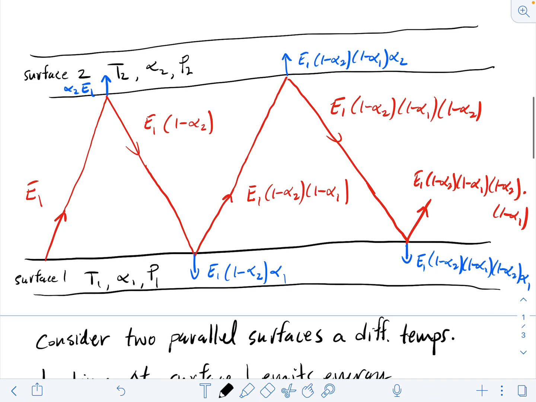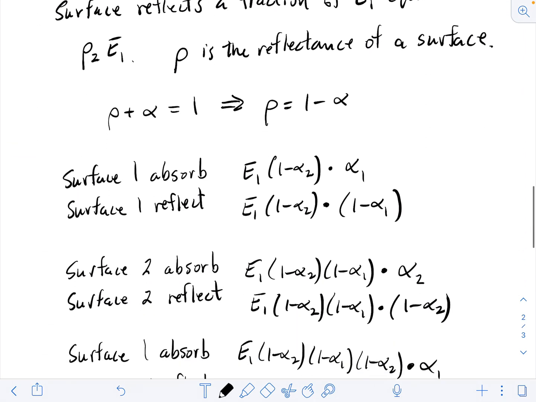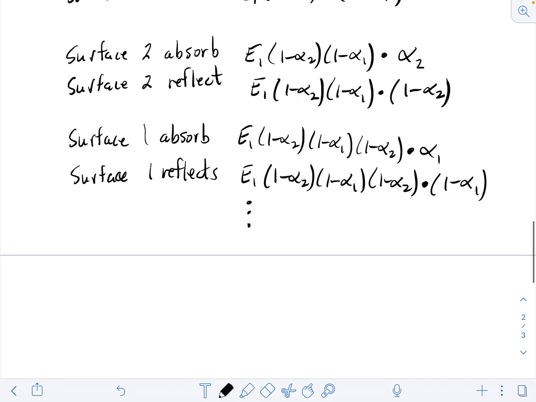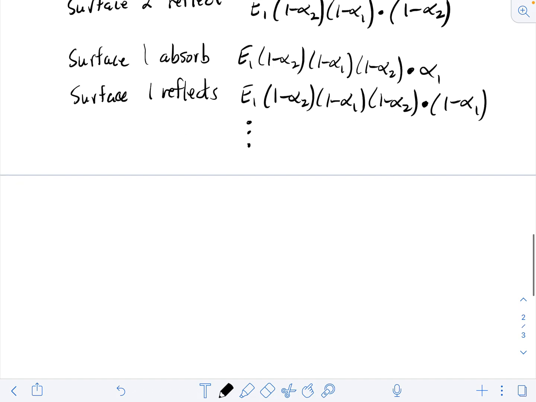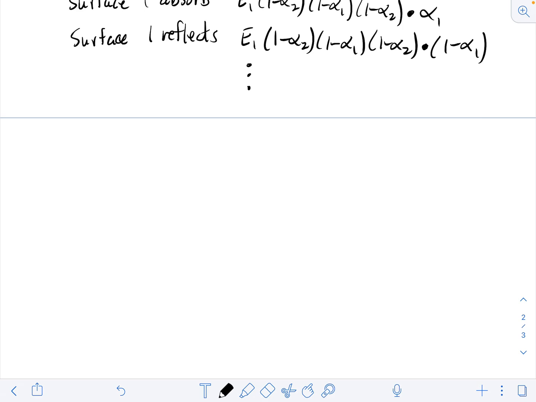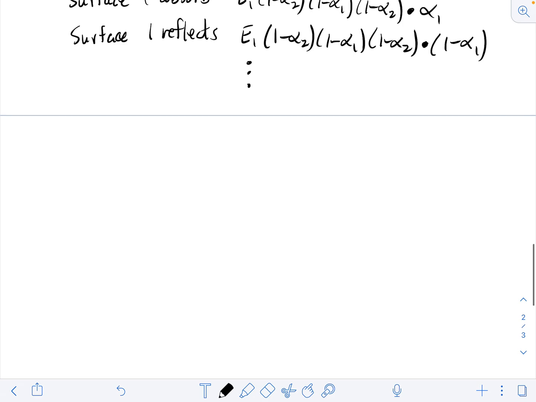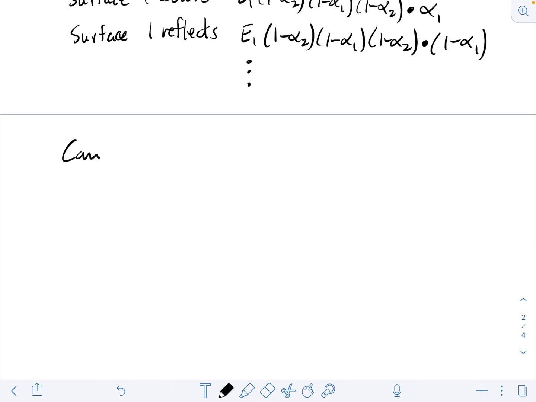So far, what we've only considered is energy emitted by the bottom surface, surface 1, but we could likewise talk about the energy that's emitted by surface 2. And everything would be the same. We would just have to change all the subscripts. Instead of an energy emitted E1, we'd have an E2 energy emitted, and then we would have all of our terms of alpha 1s and alpha 2s.